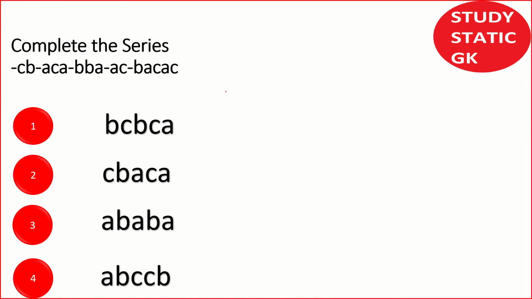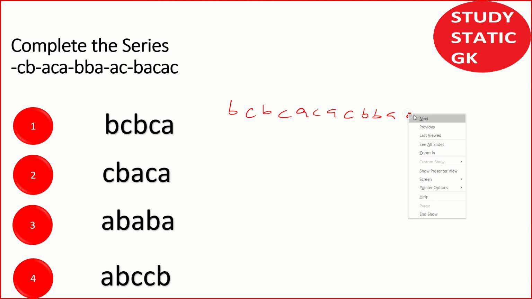Next we'll complete the series. First one is BCBCACACBBA. Fourth one, so CCACABACAC. BC, BC, AC, AC, BB, AC, C. Is anything formed? No. Okay, next.